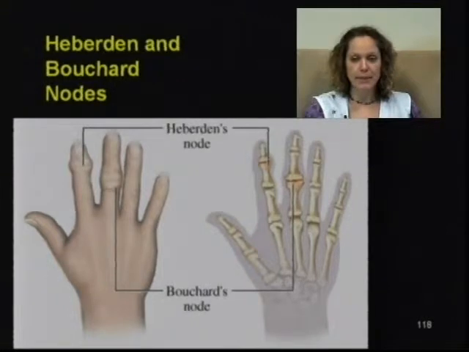Something else that happens in osteoarthritis, if you've ever seen the hands of a person with osteoarthritis, are the Heberden's and the Bouchard nodes. And these are, again, spaces in the joints, specifically in the hand, where they become hypertrophied, and the bone is deformed and it is enlarged, and it is painful.